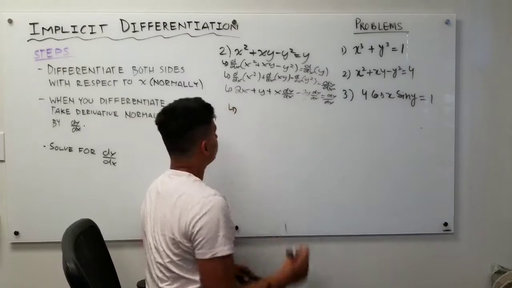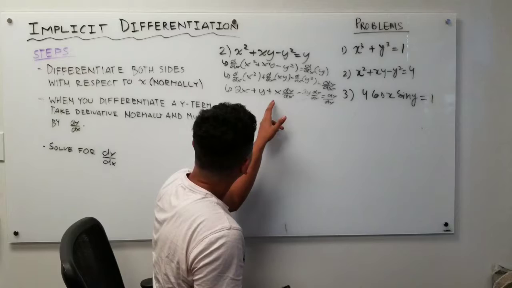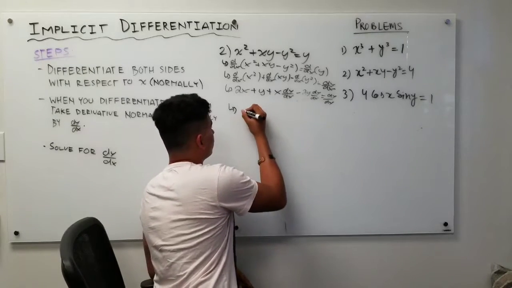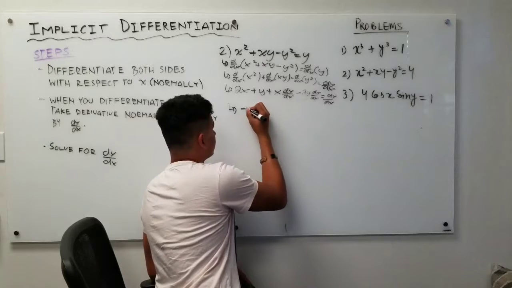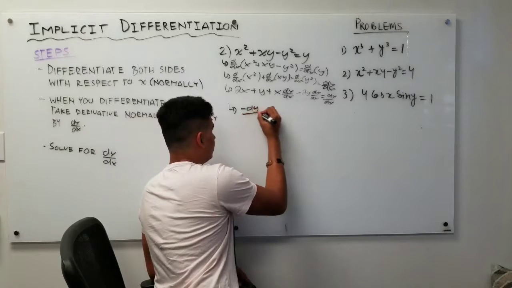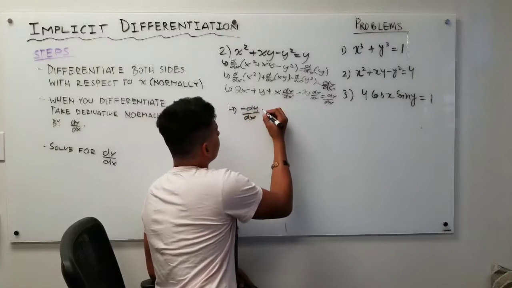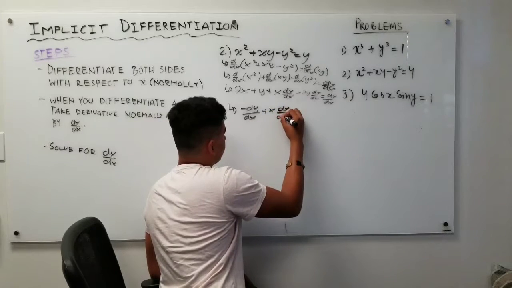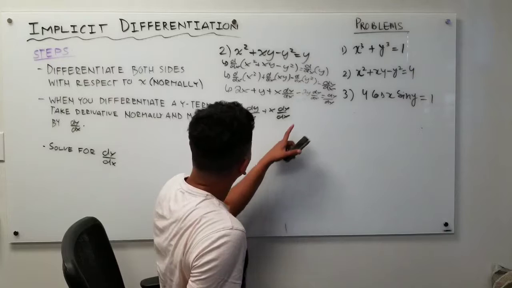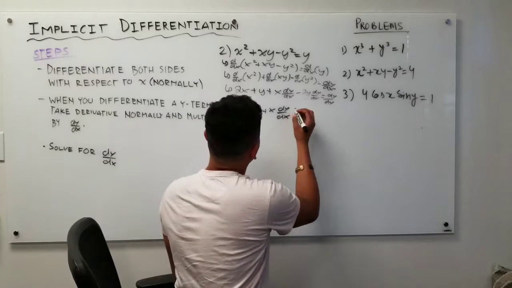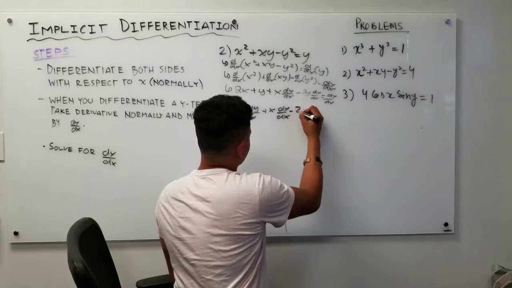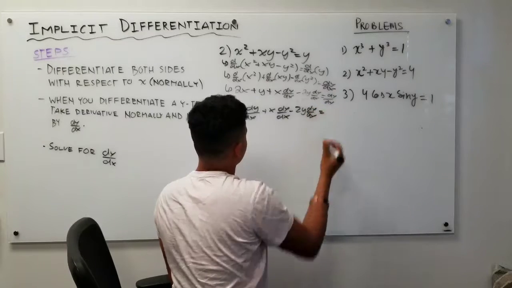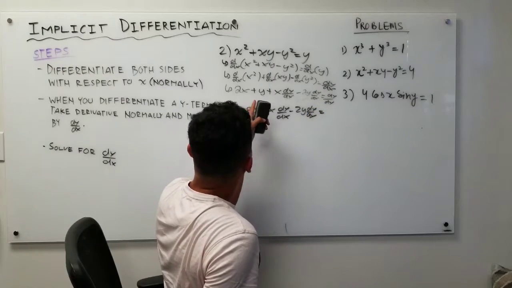So now what we're going to do over here is try bringing all the dy dx's on one side and all the normal terms on the other. So if we bring this dy dx to the other side, it's going to be minus dy dx plus x dy dx. And remember that at this point we're just solving for dy dx. And then minus 2y dy dx, and it's equal to minus 2x minus y.